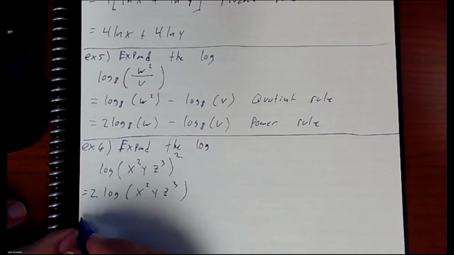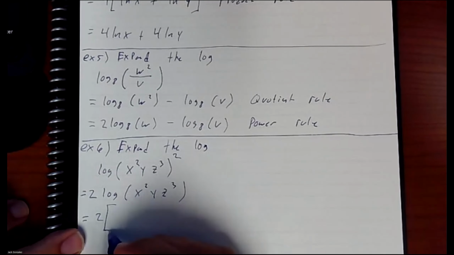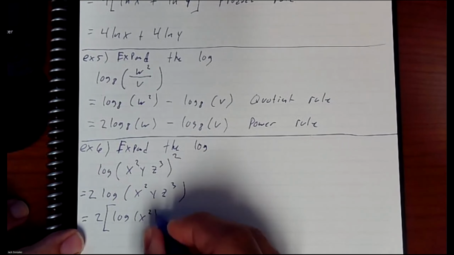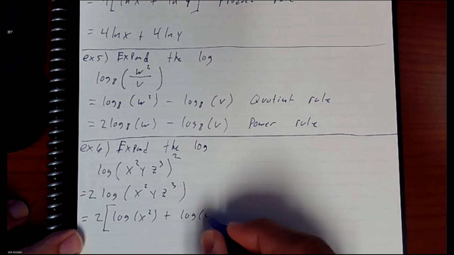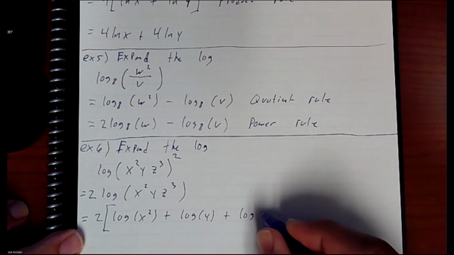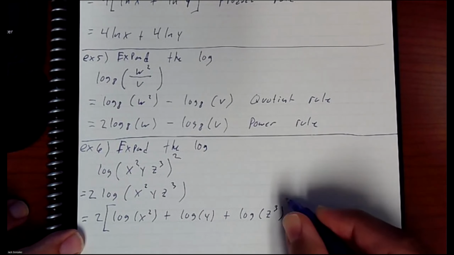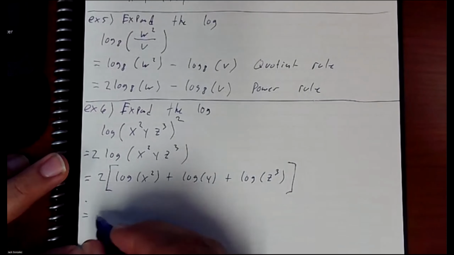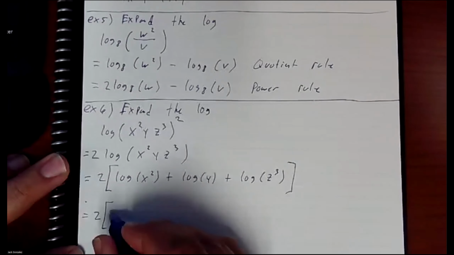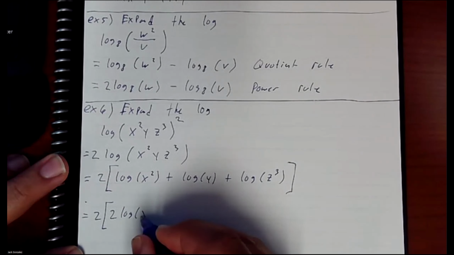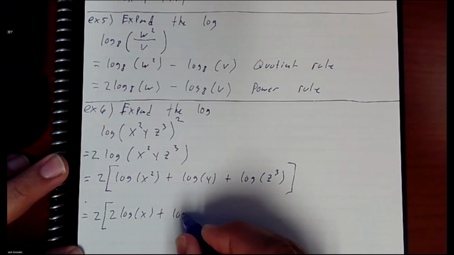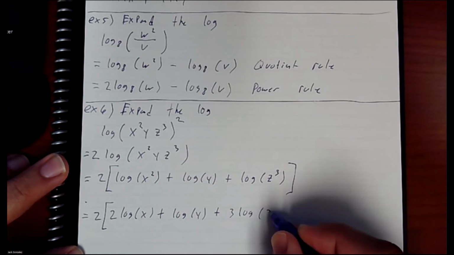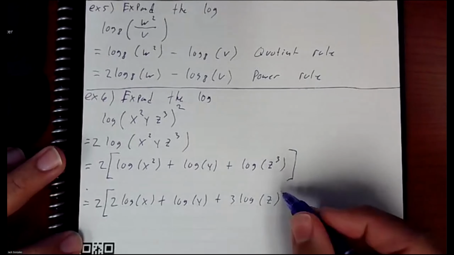Then deal with the inside. So these will be sums. It'll be log of the first one plus log of the second one plus log of the third term. Then bring down the powers for each single term.